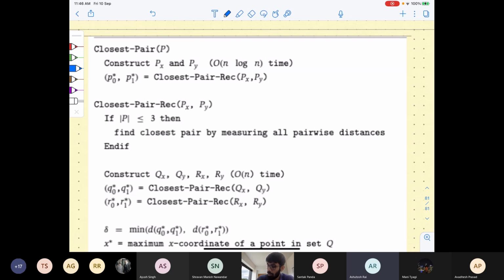This is the original algorithm which sets up the recursion, and this is the recursive part. The original algorithm first sorts Px and Py, and then calls the recursive algorithm.